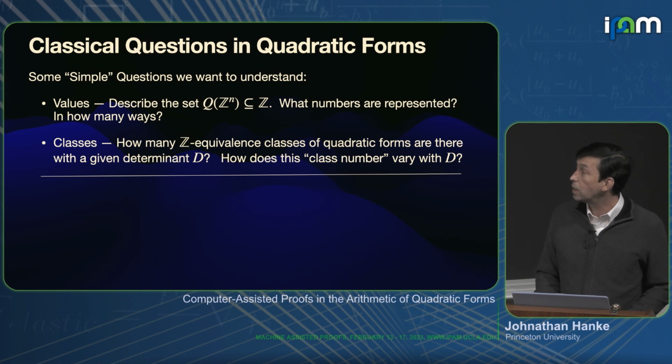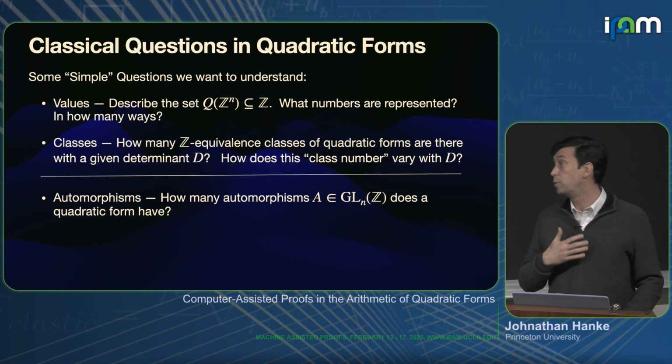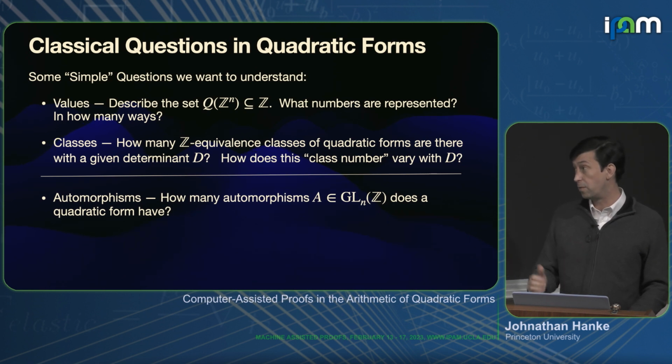Okay. So this is values and classes. On the other side, if you think more about sort of the transformations of the quadratic form, there's automorphisms. Okay, so you might want to understand how many automorphisms a given form has, okay? And there are algorithms that allow you to do that for a given form. But in general, understanding how the automorphisms are distributed in the space of quadratic forms is a very useful thing, and it affects the arithmetic quite a bit.